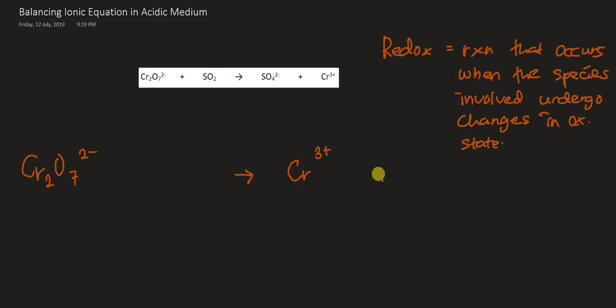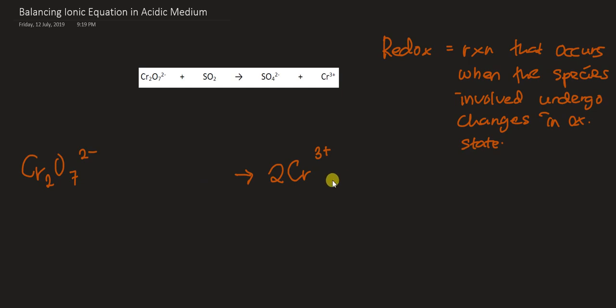How do we balance atoms apart from oxygen and hydrogen? We add the stoichiometric coefficient in front of it. We have 2 on the left hand side and 1 on the right, so we multiply this by 2. Now the chromium atom is already balanced.